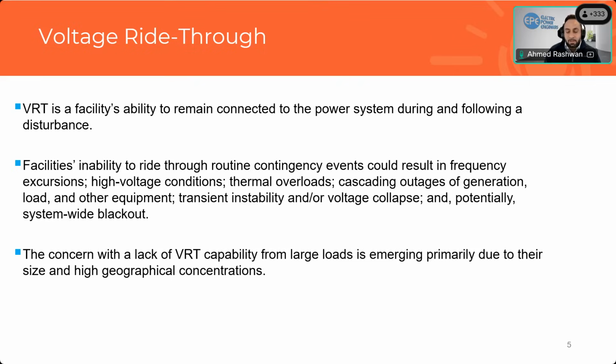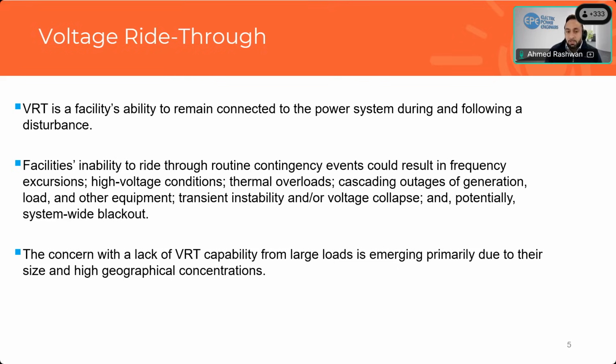So they're both different perspectives on ride-through. So we want to calibrate to say here that VRT in the context from a grid perspective is the ability for these facilities to remain connected to the power system during and following a disturbance. Inability for ride-through, and we've seen some of these events on the system recently, can trigger frequency excursions.